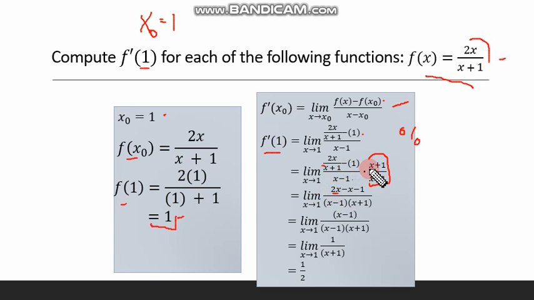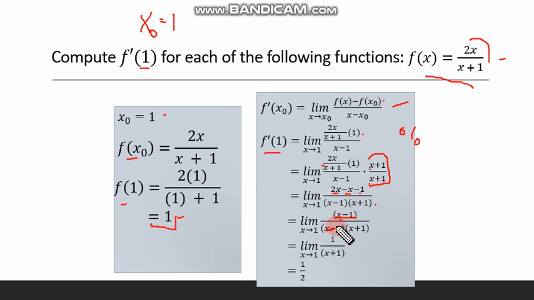Next, negative 1 times x, that's negative x. Negative 1 times 1, that's negative 1. And then as is in the denominator, x minus 1 and x plus 1. Next thing, 2x minus x, that's x minus 1, and we can see that x minus 1 is common in the numerator and denominator.